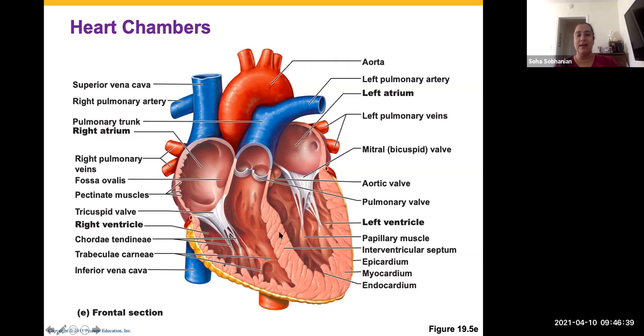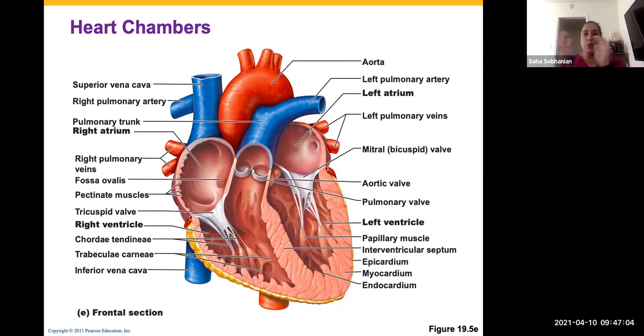Okay, so let's review the valves. If you're looking at the overall picture of the heart, blood comes into your right atrium and your left atrium. Blood from those atria comes down to your two ventricles, right and left.